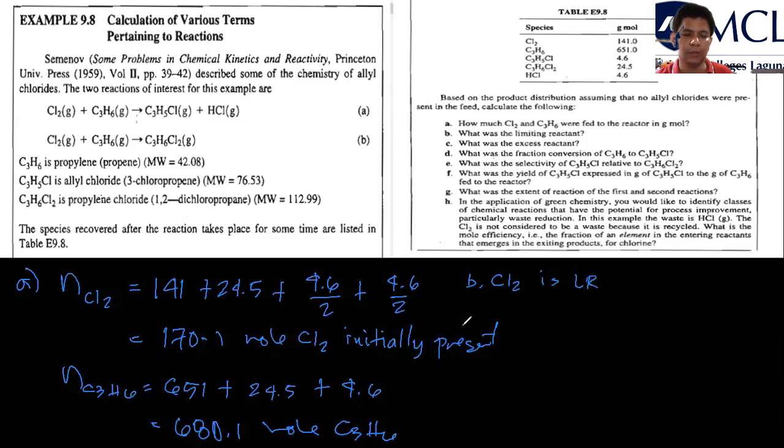Since Cl2 is the limiting reactant, the excess reactant is propylene, C3H6. Okay. Let's go to letter D. What was the fraction conversion of C3H6 to C3H5Cl?